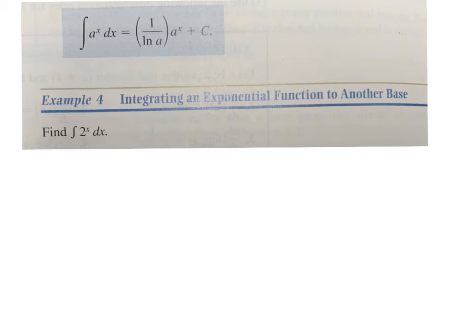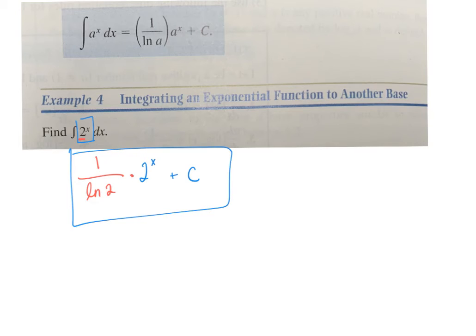So integrating here is 1 over natural log of your base times your function, and don't forget it's plus c if it is indefinite. So for this one, my base is 2. So my antiderivative is going to be 1 over natural log of 2. And I'm going to multiply that by my function that they gave me to begin with, 2 to the x plus c. That's my antiderivative.